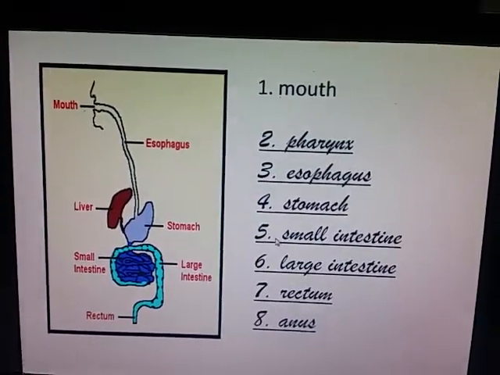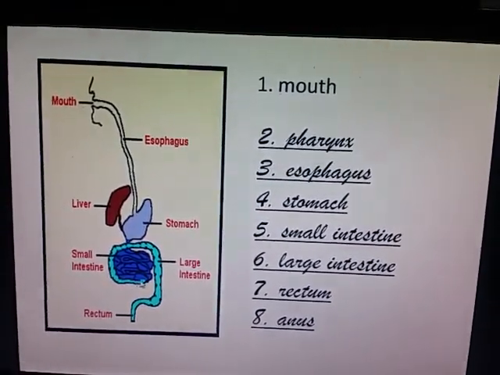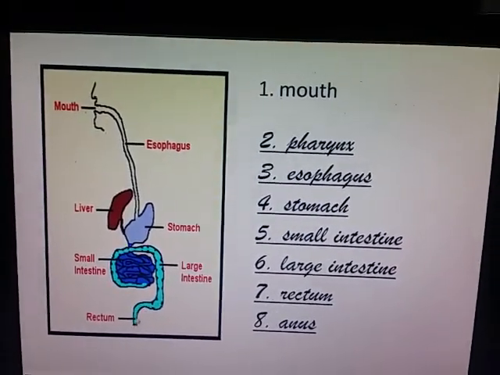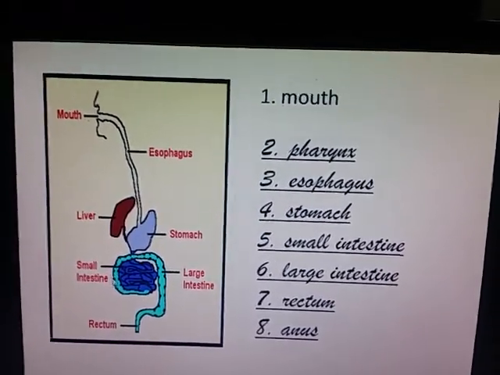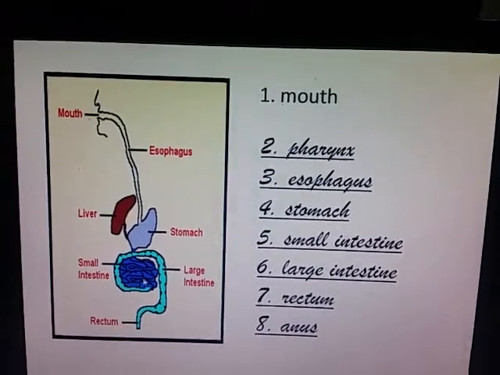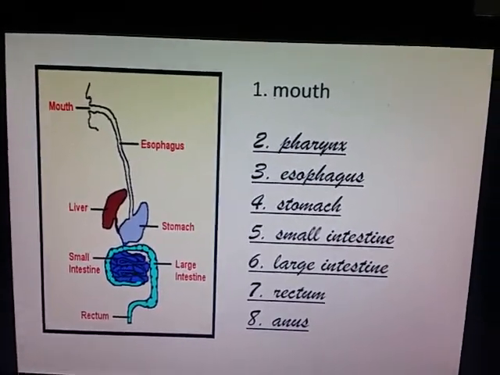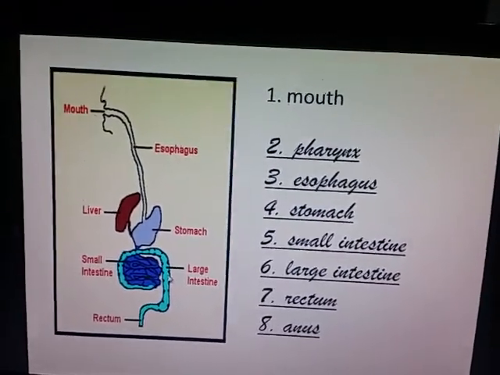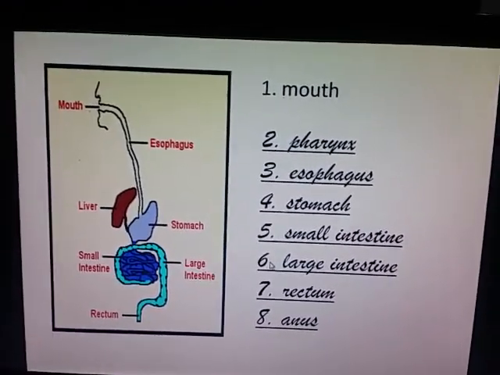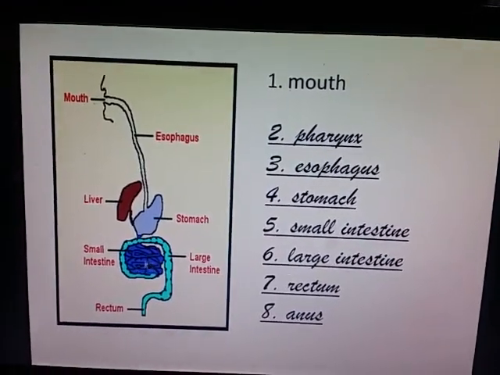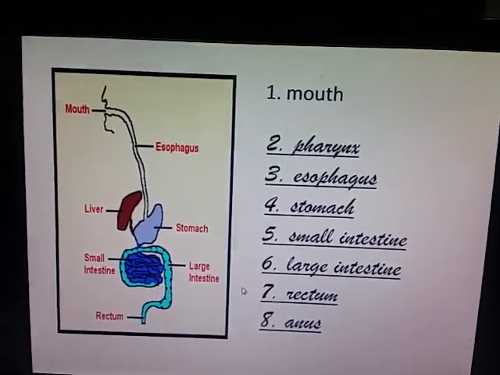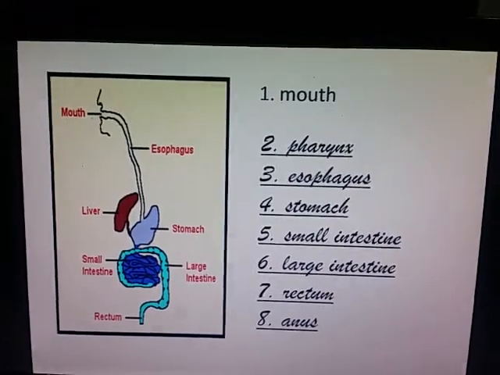And for number 5, we have the small intestine. We have it here in light blue. Okay, and it's thinner than the large intestine, and it's the one in charge of absorbing most of the nutrients. We have number 6, the large intestine, the one that contains food right before it gets out, and we have the rectum.